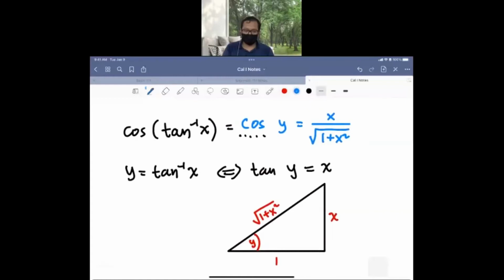We will go with this kind of expression later on when we are on differentiation of the inverse trigonometric functions.